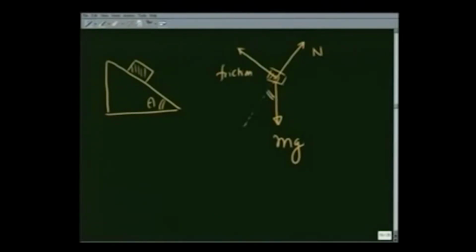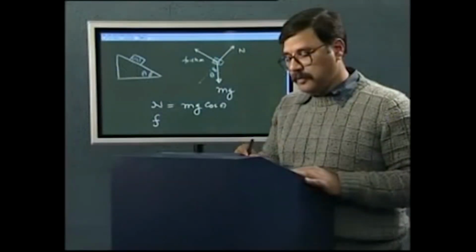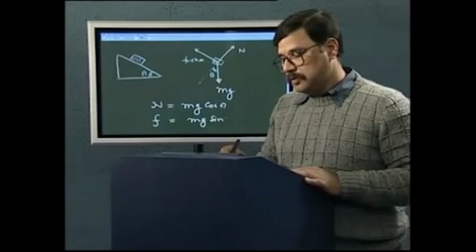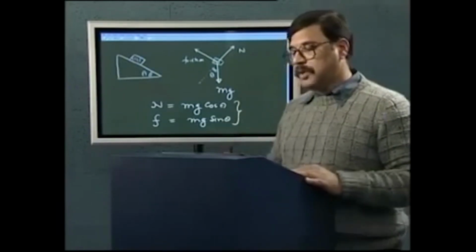This angle is also theta. If the body is not moving, then all the forces balance each other, and therefore N equals mg cosine theta, and the frictional force, let me write it as F, is equal to mg sine theta. These are my two equations.